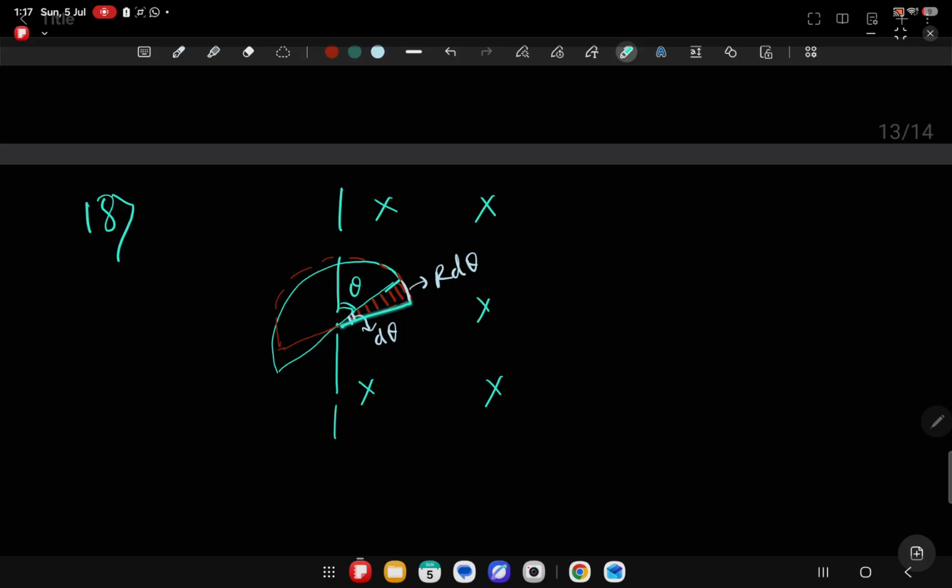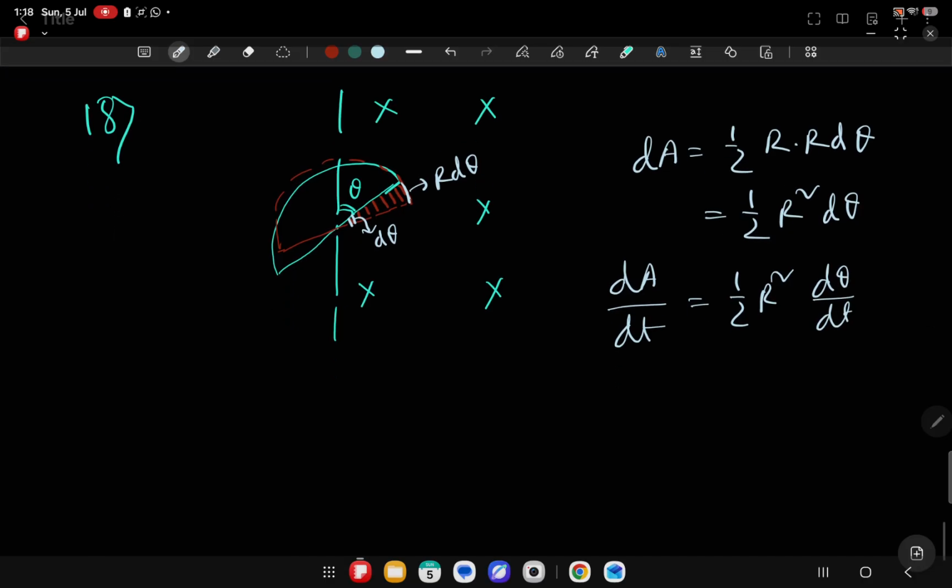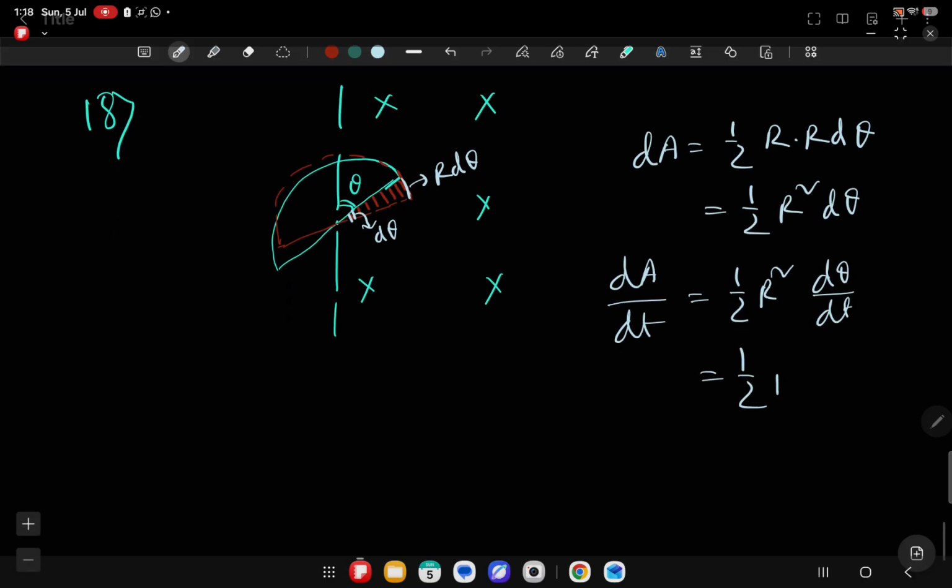The base is r and the height is r d theta. So the area of this triangle dA is half r into r d theta, that is half r square d theta. So what is dA by dt? It will be half r square d theta by dt, that is omega. So it is half r square omega.